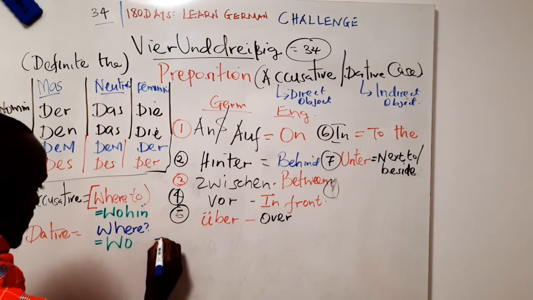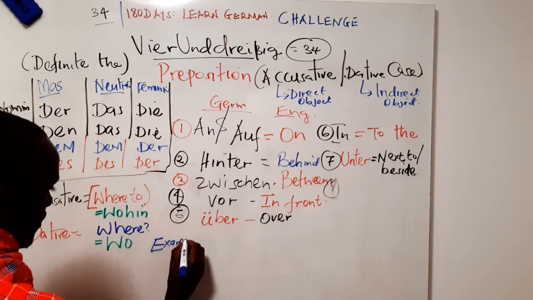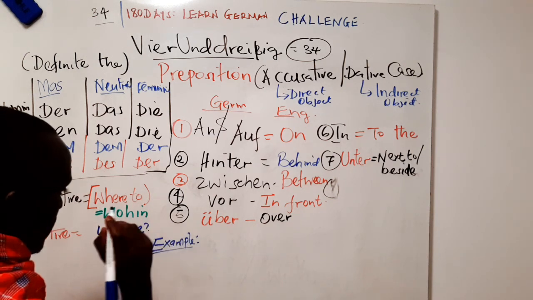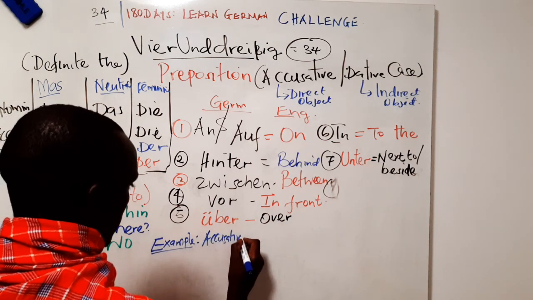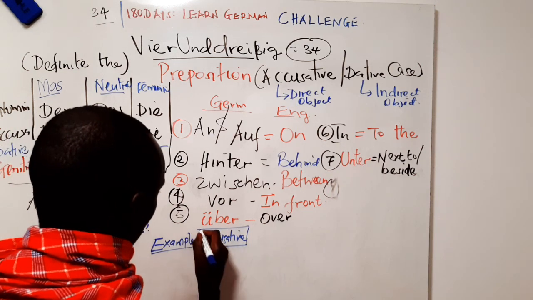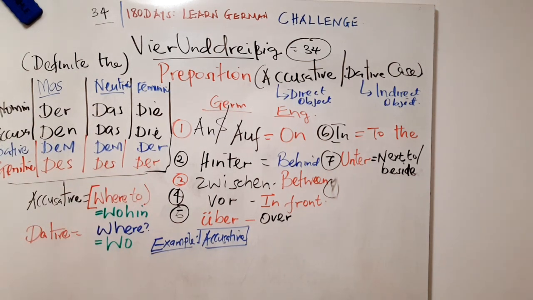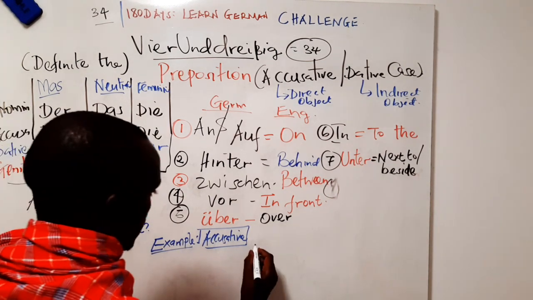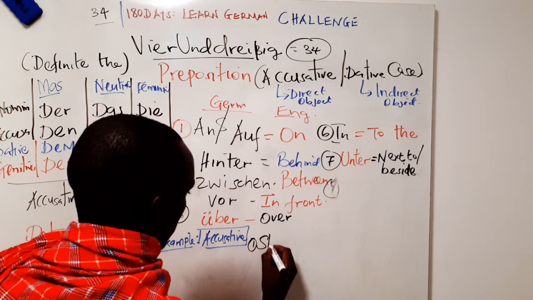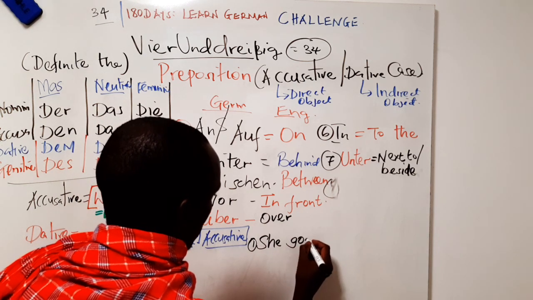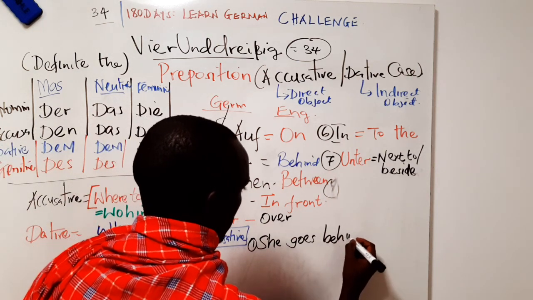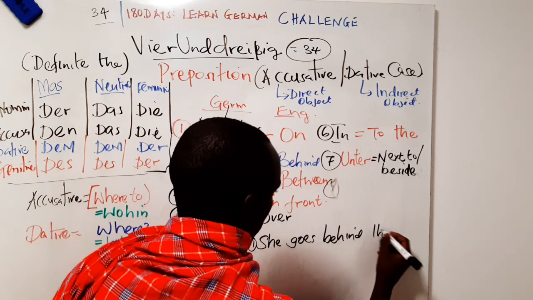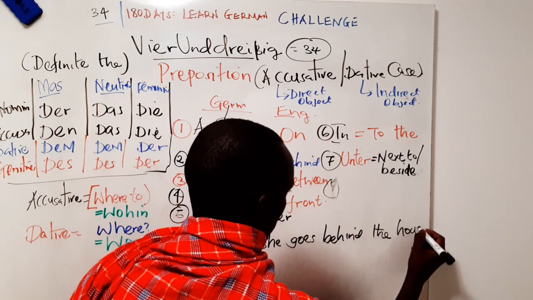All right, so let's do an example. The first example will be in accusative. The accusative here is where to. So we can say she goes behind the house.